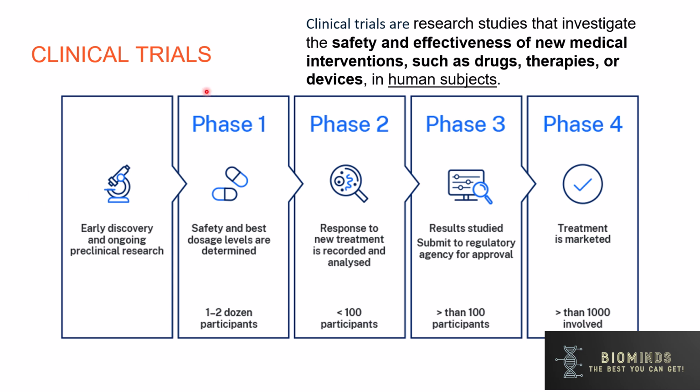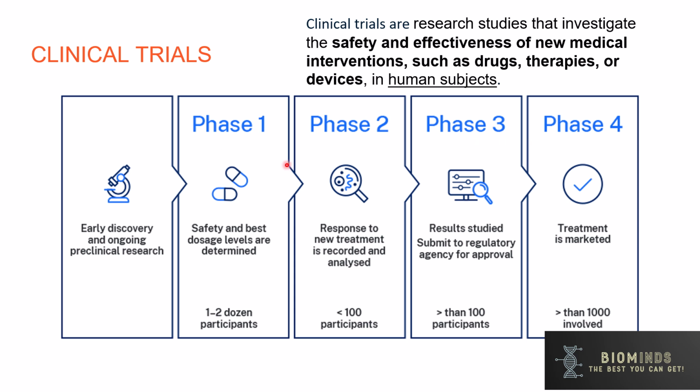Okay, so these clinical trials are basically research studies that investigate the safety and effectiveness of new medical interventions such as drugs, therapies or devices in human subjects. So these clinical trials have four phases: phase 1, phase 2, phase 3 and phase 4.